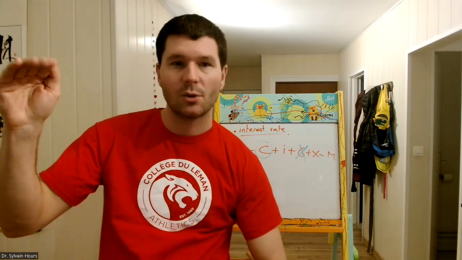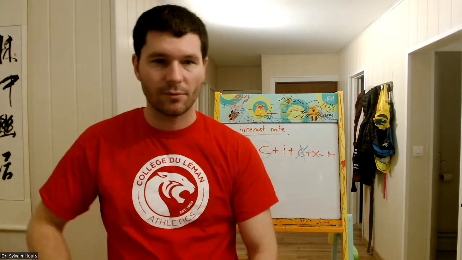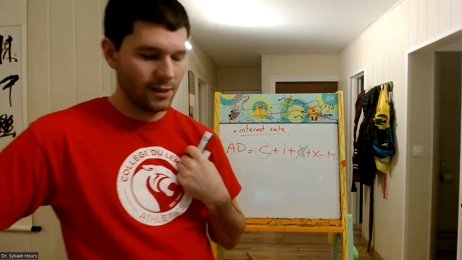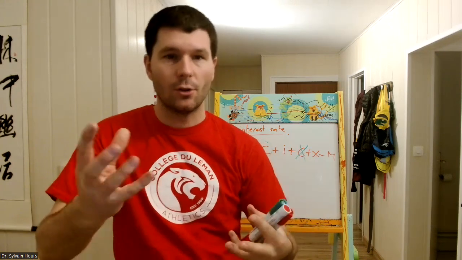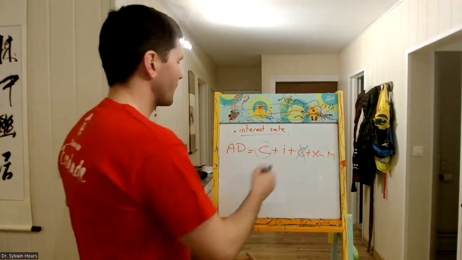Therefore, a high rate of interest will discourage consumption. People have greater incentives to save. On the other hand, a low rate of interest is going to encourage consumption, and it's going to discourage saving. So there is a consumption-savings trade-off that is influenced by the rate of interest.